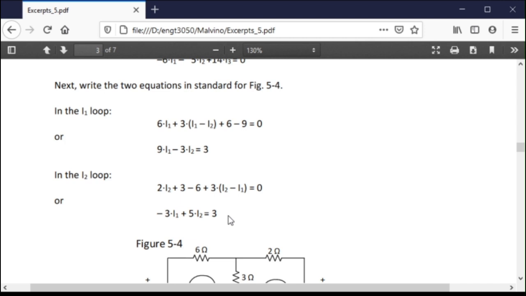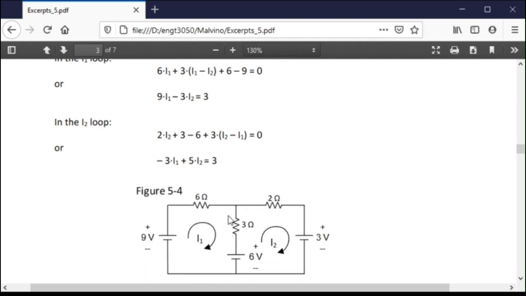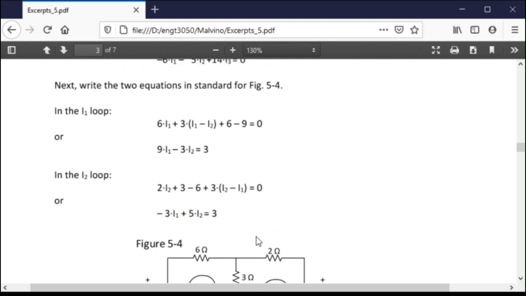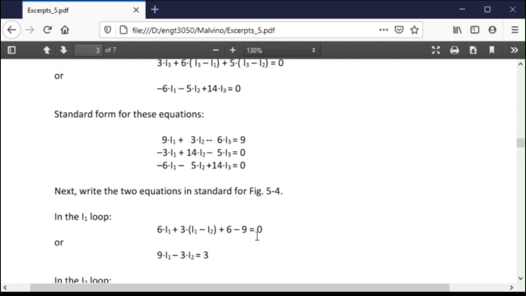Okay, so figure 5-4, another one. And again, this now has multiple paths and multiple voltage supplies. You would have had to use superposition before, but now we're just going to use the mesh method, and we're going to solve this with 3 equations and 3 unknowns.